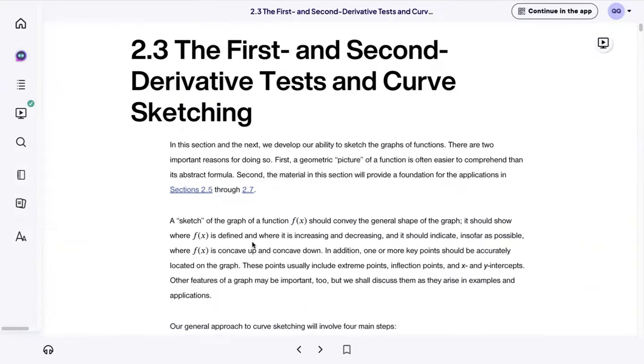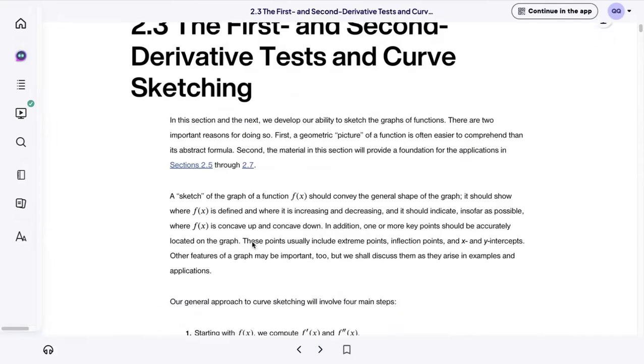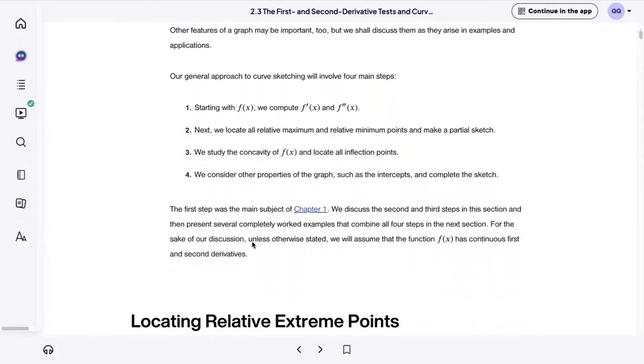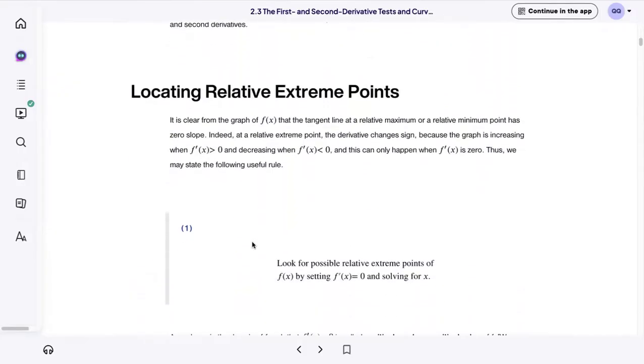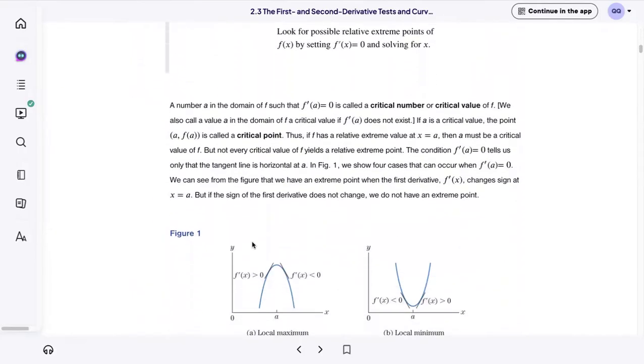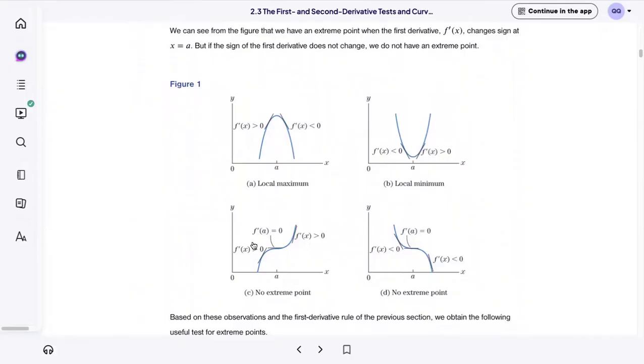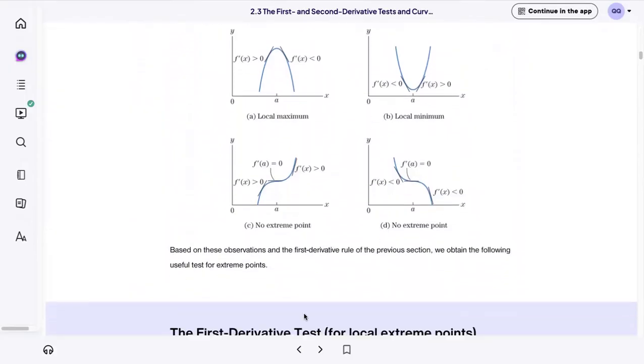Okay, the first derivative and second derivative test. Let's review those graphs again. Right. So we have a critical point here. At this point, the derivative equals 0.